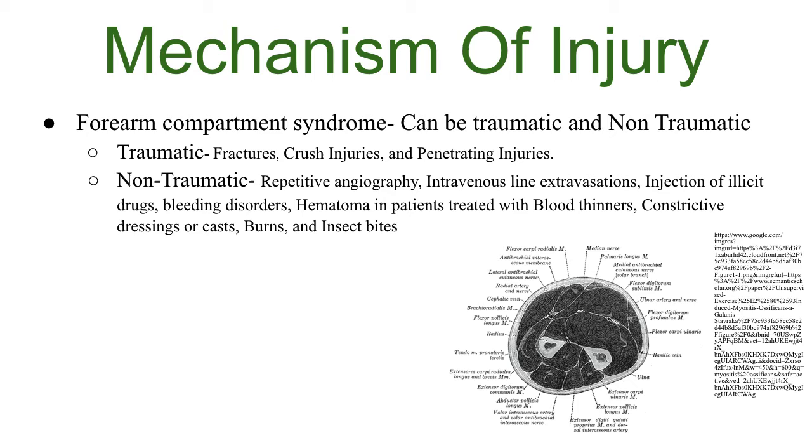Repetitive angiographies, repetitive x-rays, which I thought was very interesting. Injection of illicit drugs, it is still acute, but not traumatic. And hematoma in patients treated with blood thinners, you'll see that more in older population, not so much as what we would have. So, it's just something to keep in mind.